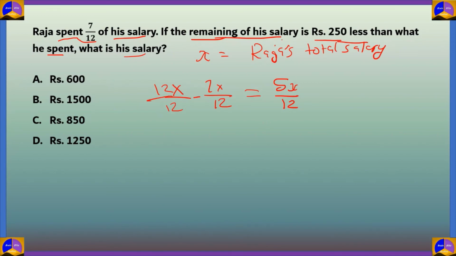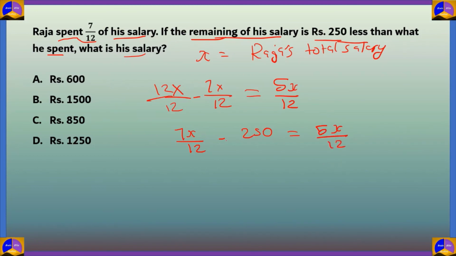Now the remaining of his salary is rupees 250 less than what he had spent. So 7x by 12 minus 250 equals 5x by 12.